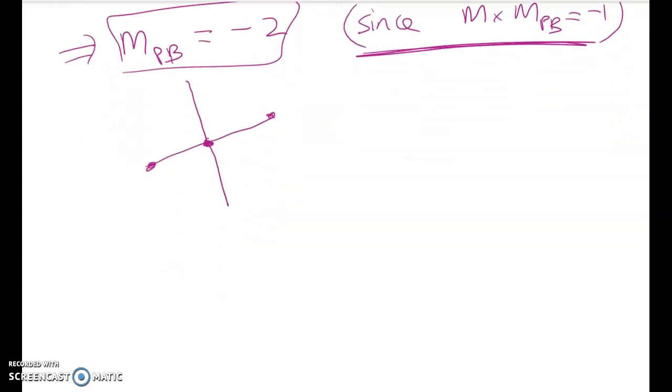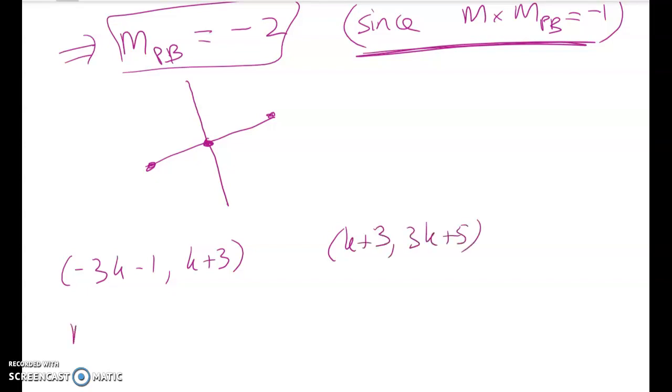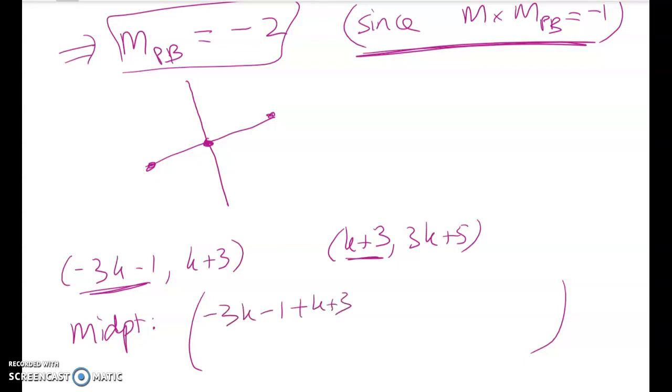So what's my midpoint? Well, the 2 points were these, (-3k minus 1, k plus 3), and then (k plus 3, 3k plus 5). So the midpoint has got the following coordinates. It's the average of these two, so it's (-3k minus 1 plus k plus 3) over 2, and the same thing for the y values.